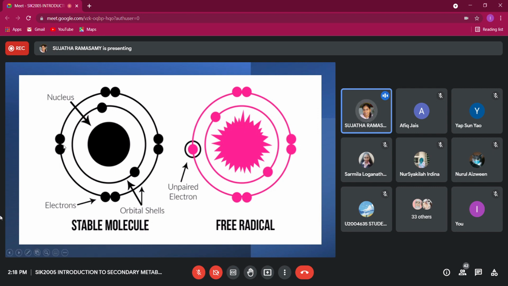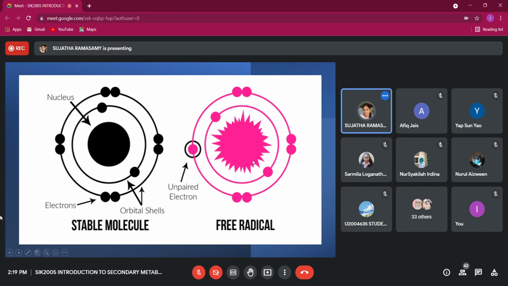We are talking about molecule inside our body. The molecule are more stable. Dia takkan buat kacau because it's happy. But what happened when it lost the electron? Just imagine, selalu berdua, suddenly the electron become single, become unpaired electron. So it become unstable.